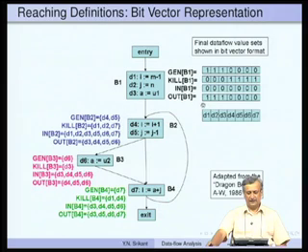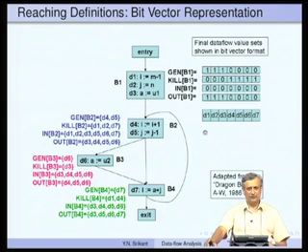So, in that case a simple AND OR operation is possible, but suppose we have 150 definitions in a program, then no machine really has 150 or more bits in one single word. So, we may have to use multiple words to implement the bit vectors, and then we have to keep track of the positions of these bit vector parts as well.